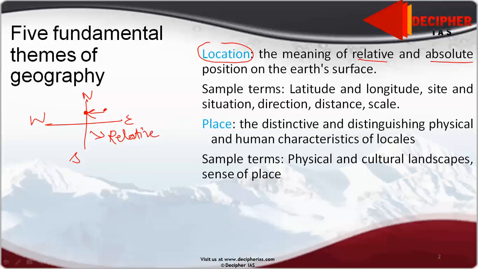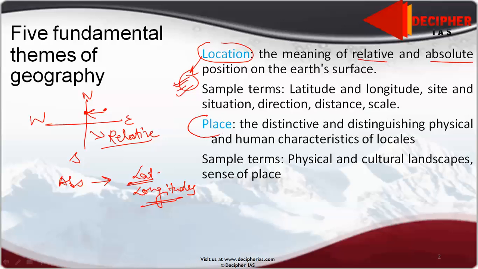The other one is absolute. Absolute can be found out by latitudes and longitudes, for which we will have a different lecture in the coming lectures. So the location gives you the exact position of a person or some geographical feature.